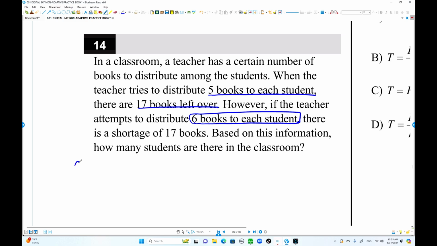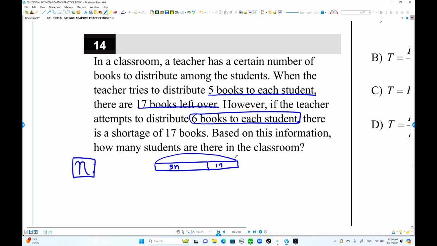I'm going to use n for the number of students. Using this, we're going to express the number of books. 5 books each student, 5 times n, but still 17 books left over. This is the total number of books.